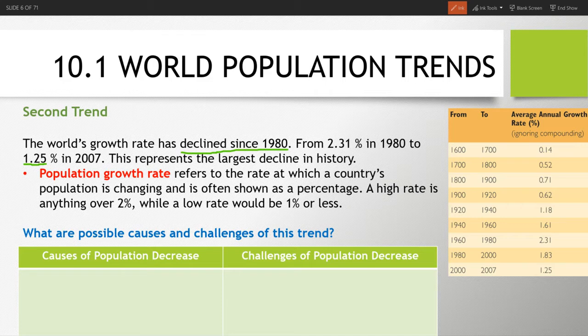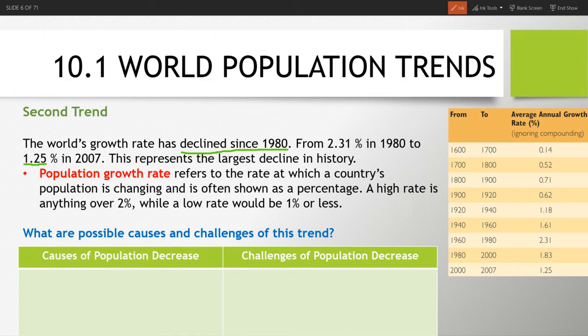So that's a considerable decrease, and it's the largest decline in population growth that the Earth has experienced throughout all of human history. Okay, so something started to change in the 1900s that contributed to this. And we'll get into that as we go through this unit.